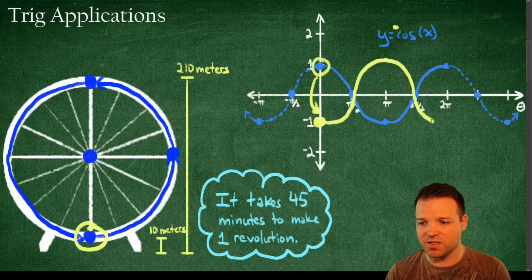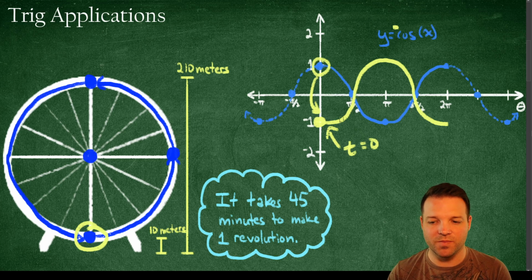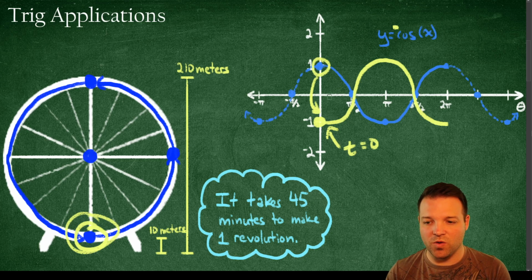And let's just investigate this to see if it fits our situation. So at time 0, t is equal to 0, right? At time 0, we start at the bottom. So that's good. We're starting down here. Perfect. We go to pi over 2. We're going to convert these over to time in a second. But we're going to go over 90 degrees. If I go up 90 degrees, where am I at?